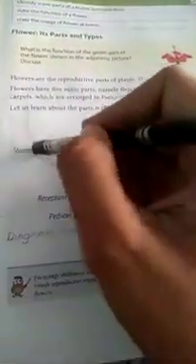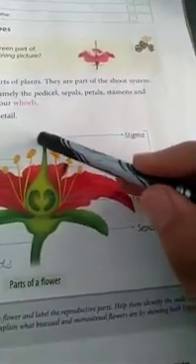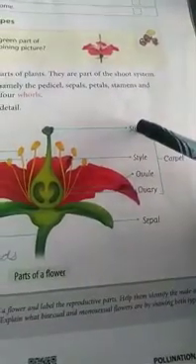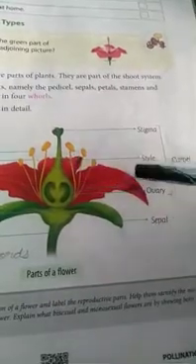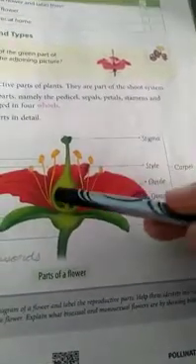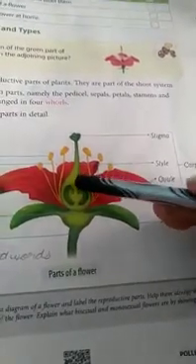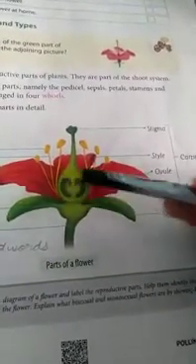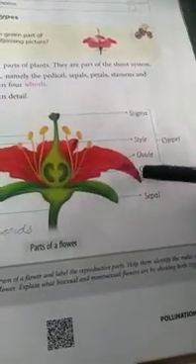Anther and filament together make stamens, and this tube-like structure is a stigma. And the downward portion of the stigma, this tube-like structure, is called style. Stigma, style. These two dots, egg-like structures, are ovules, and these ovules are locked in a sac-like structure called ovary.